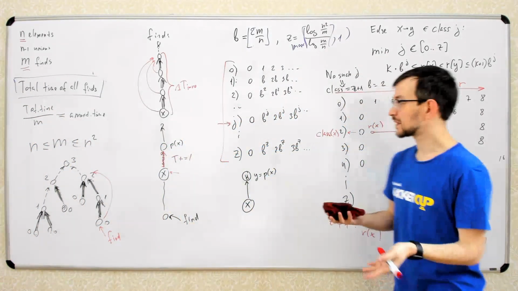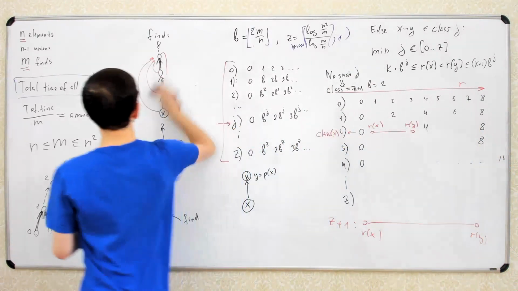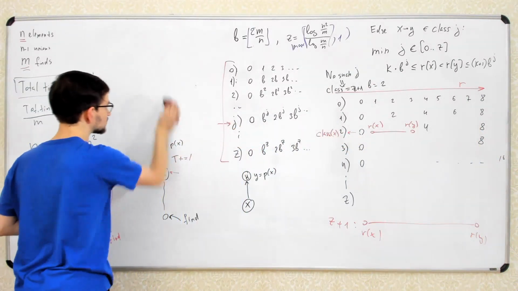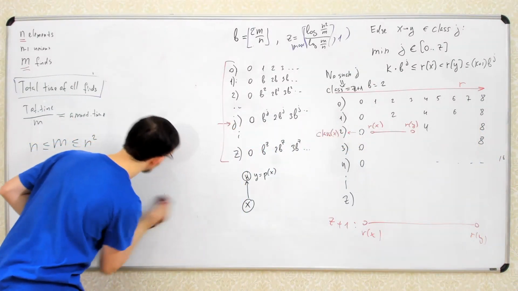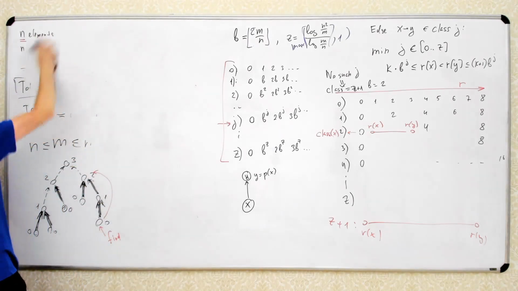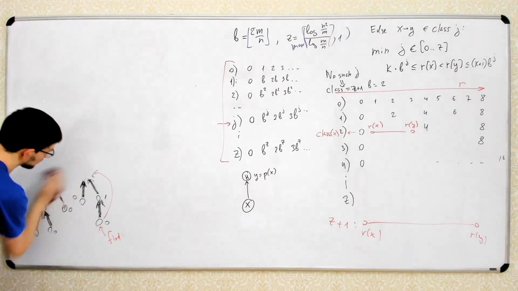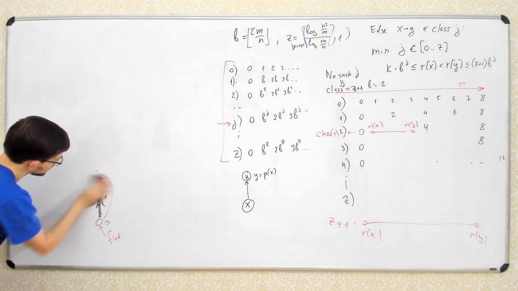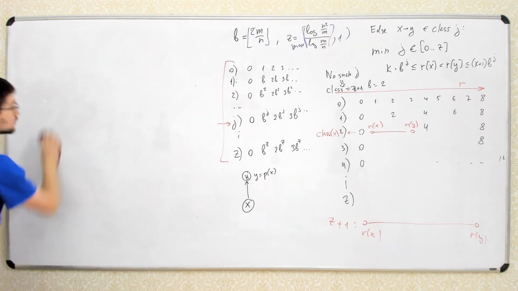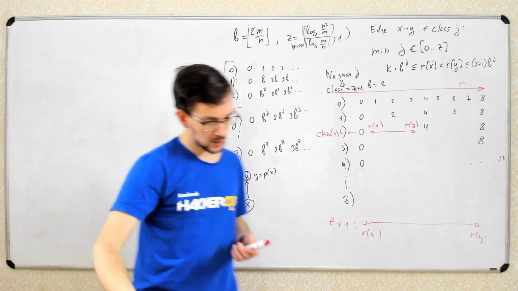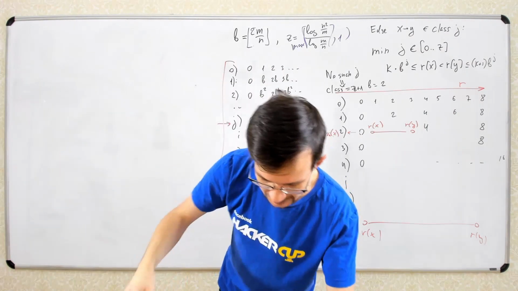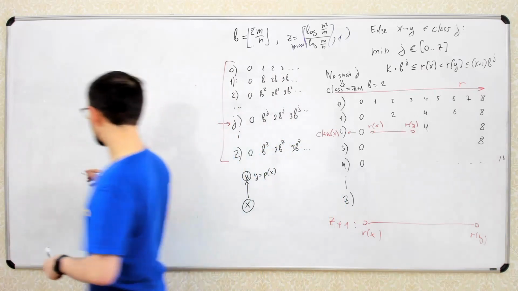Now let's calculate the time complexity. What happens when we make a find operation again?